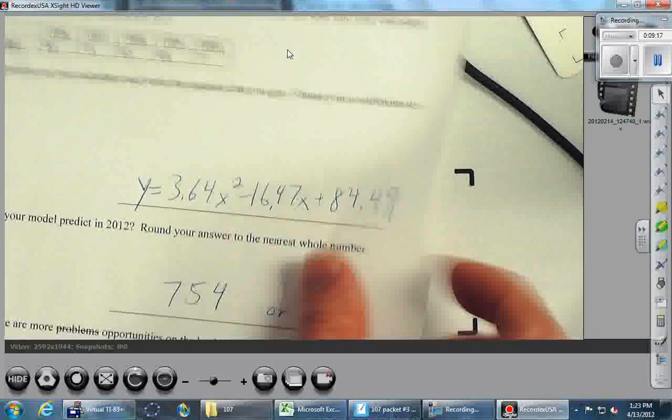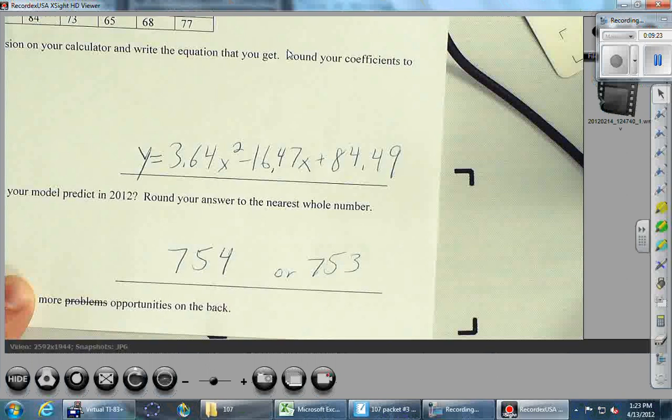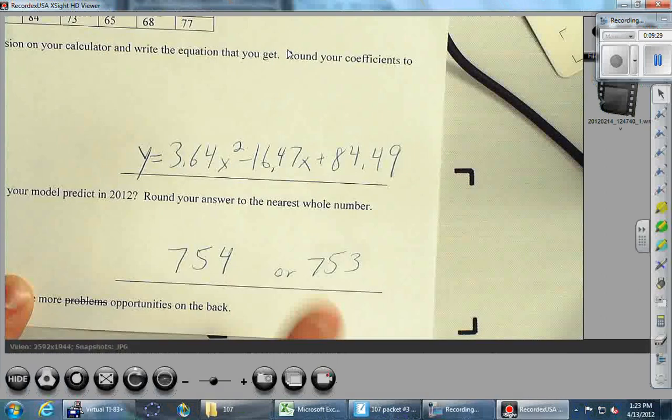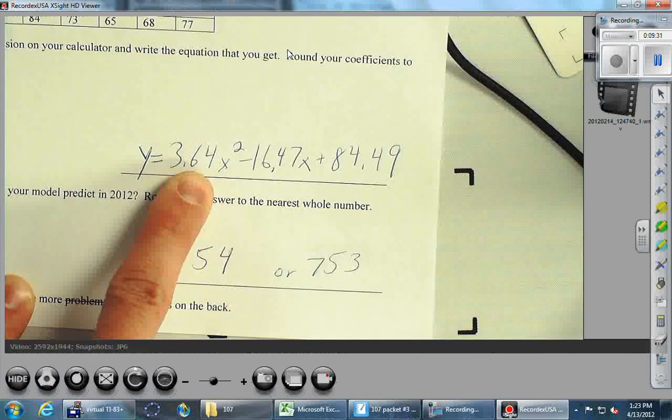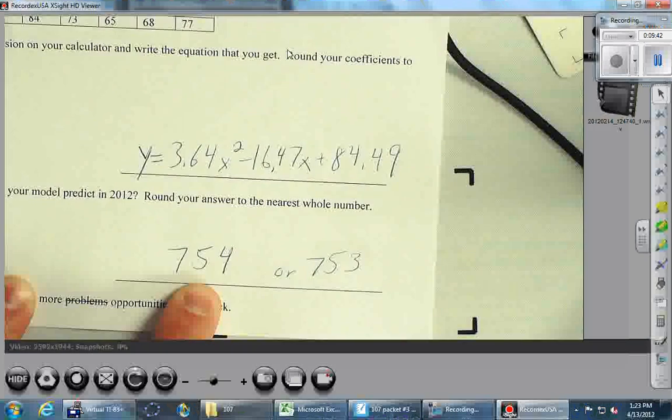It's Friday, right? All right, here's what I got for my quadratic regression. I'll take either of those answers, 754 or 753. If you use the rounded coefficients up here, then you get 752.8, I think. If you use the thing in the calculator instead of retyping the rounded version, you get the more accurate answer, which is this guy.